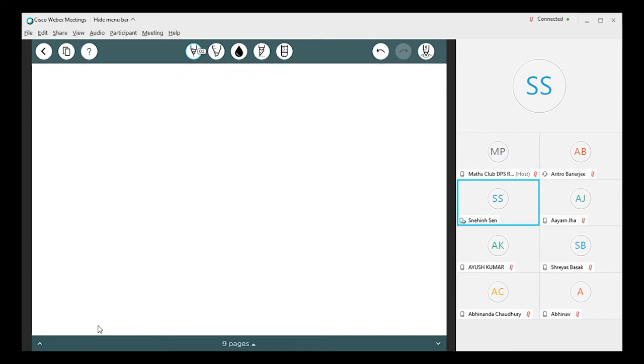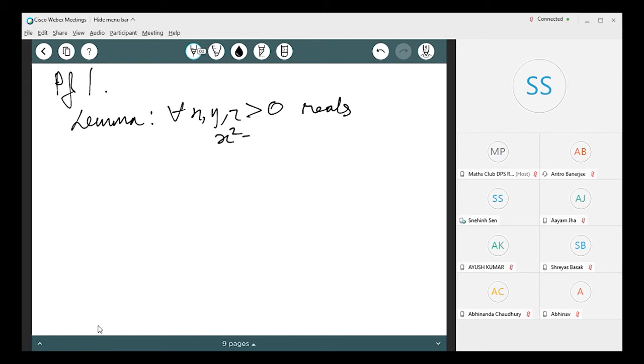So proof one. We prove this lemma. For all x, y, z greater than 0, reals again, x square plus y square plus z square is greater than or equal to xy plus yz plus zx.